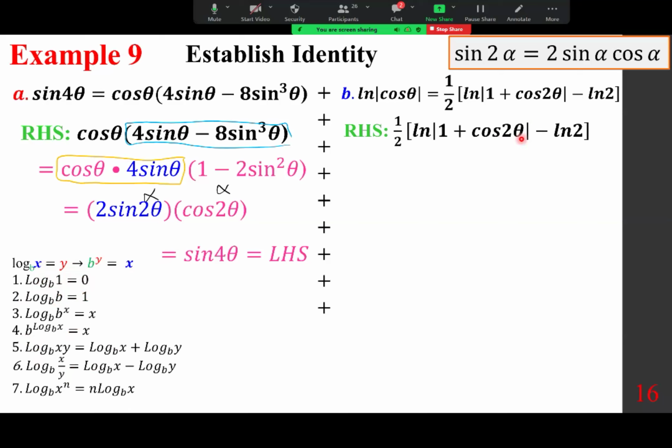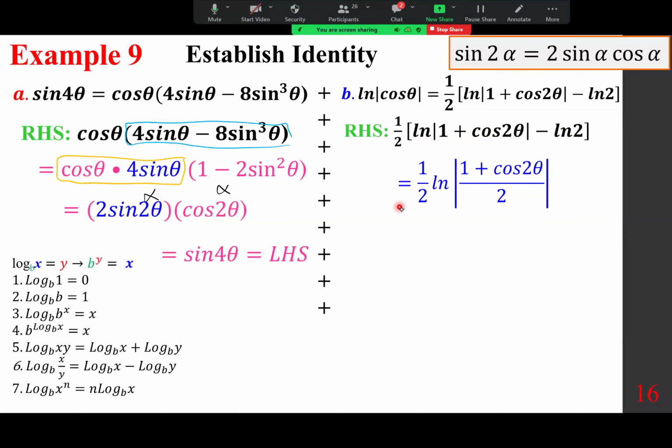So I'm looking at the inside here. And I'm going to go with number 6, the quotient rule, and I'm going to go to the left. So that means ln of this over 2. So ln of 1 plus cosine 2 theta divided by 2.